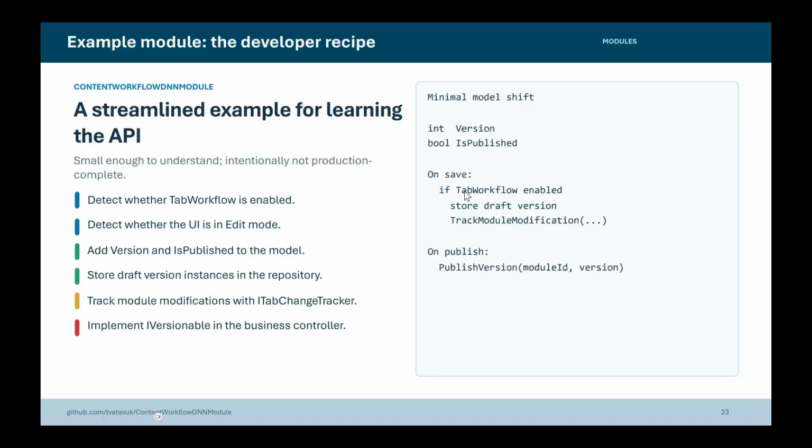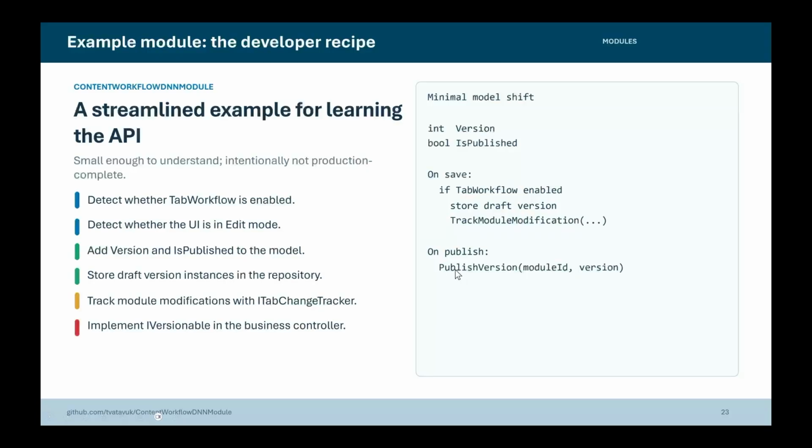If it is, then you can call the method that will store your draft version. Then you need to call this track module modification with some info that will tell the page, okay, this module was changed, and the DNN platform needs to create a draft version and so on. So it is very easy to implement in a custom module.